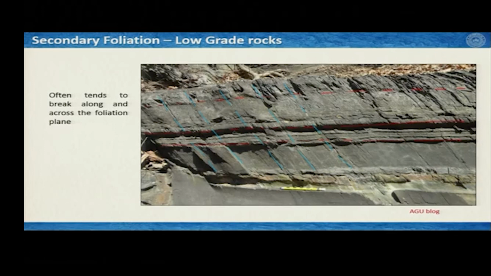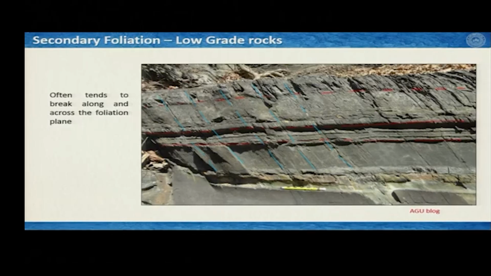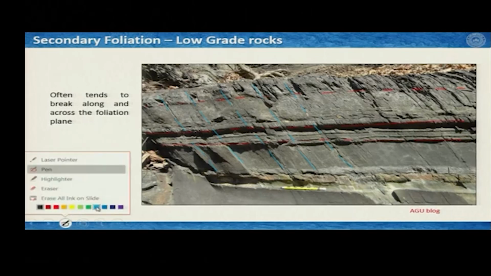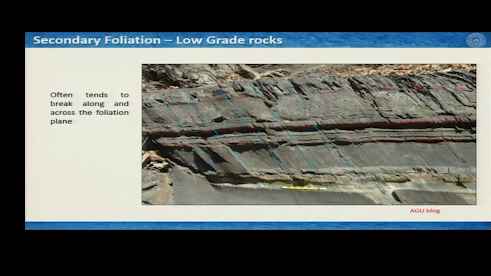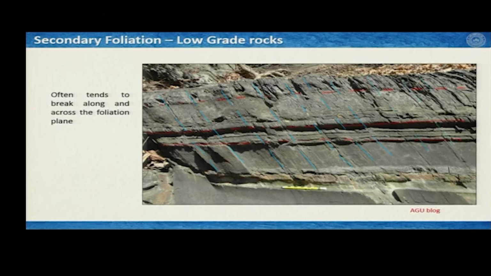The other one, the blue one, is cutting across all these red layers, and as you can see that, like we have seen in the previous image, they appear like some sort of mechanical disintegration of this rock. At the same time, the rock also tends to cleave or break or fracture along this.